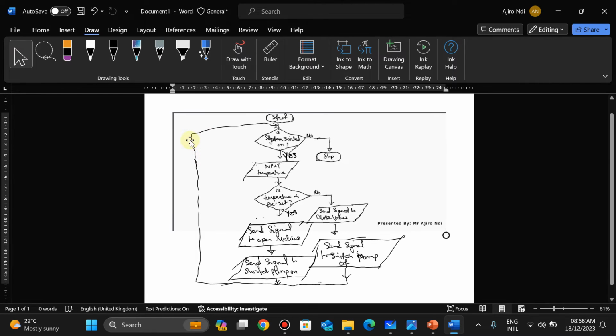Let's look at it if we're making any mistake. So I have my start. Is the system switched on? No, stop. Yes, input the temperature. Again, is the temperature less than the preset value? No, send signal to close the valves. Yes, if it's less than, send signal to open the valve, and it goes down to send signal to switch the pump on, and then it sends signals to switch pump off.